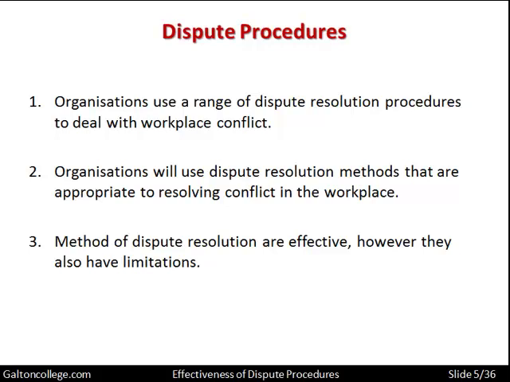So we know that the companies have issues with the workers and the workers have issues with the companies, and we know there is the basis for dispute there, but we know also that the companies continue to produce and continue to exist, so the solutions must have been found. But the various methods that are at the disposal of both the trade unions on the one hand and management on the other, they have limitations.